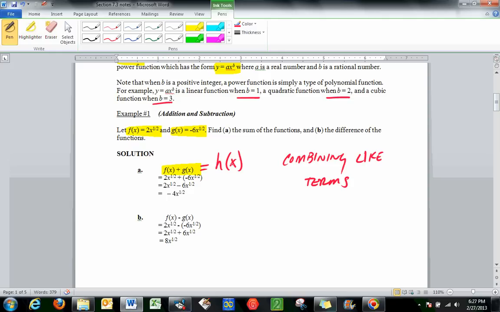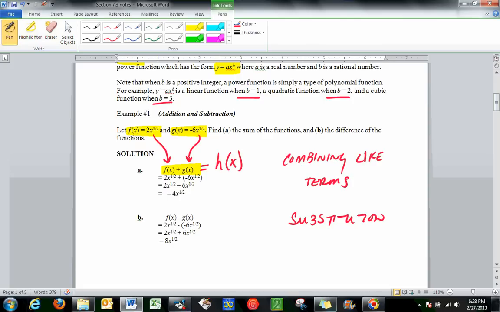But simply, when you're doing function operations, and you have an f of x defined and you have a g of x defined, and we want to add those together, basically all we're doing is substituting. And when we substitute here, we're just going to simply put in the expression that represents f of x, and of course the expression that represents g of x, and we're going to combine those like terms.